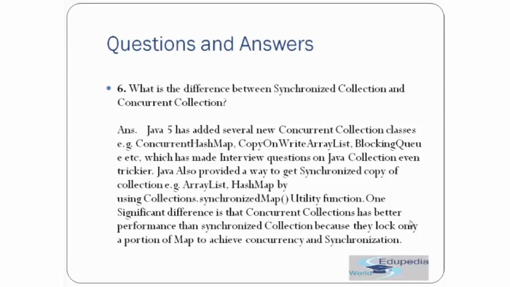Java also provides a way to get a synchronized copy of a collection, by calling Collections.synchronizedMap for getting a synchronized map from a HashMap, or Collections.synchronizedList for getting one from an ArrayList, and so on. One significant difference is that concurrent collections have better performance than synchronized collections, because they lock only a portion of the map to achieve concurrency and synchronization.